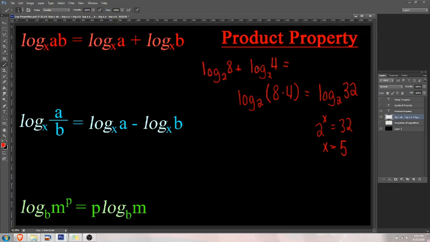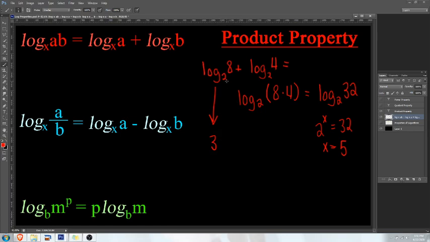Let's think about what these two components actually are. Because look, we know what log base 2 of 8 is. What number do I raise 2 to in order to get 8? So 2 raised to what power gets 8? Well, we know that that's the third power.